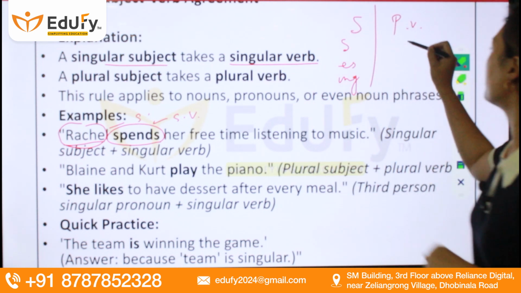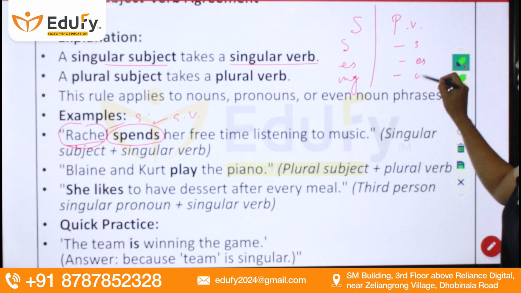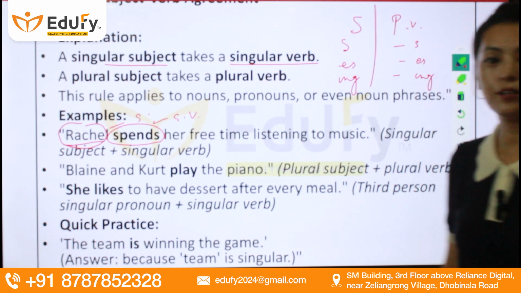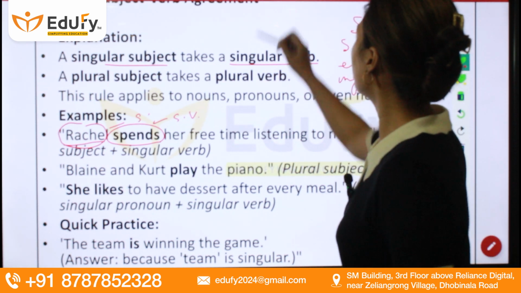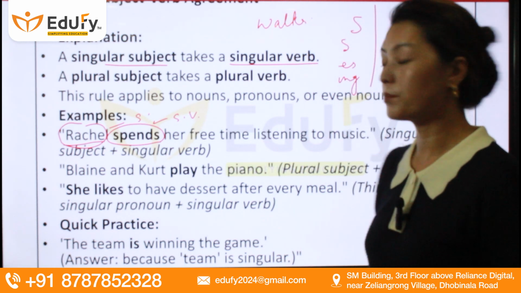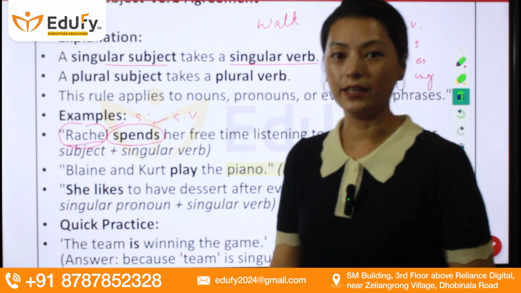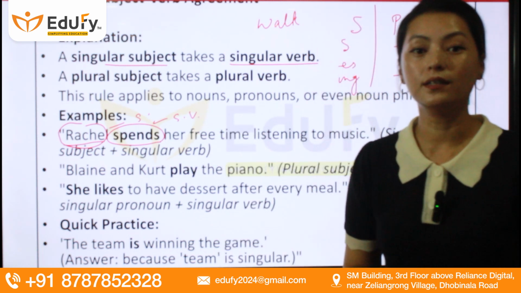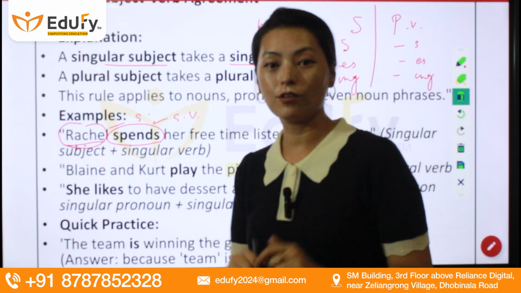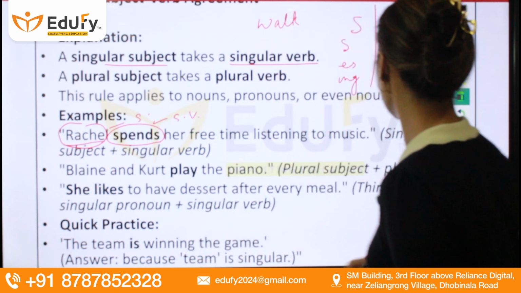Plural verbs will not have s, es, or ing at the end of the word. So for example, if I say walks, this is a singular verb. If you want to make it a plural verb, you erase the s. So walk will be the plural verb. Keep that concept in mind. As we move forward, you will get more and more examples of that.